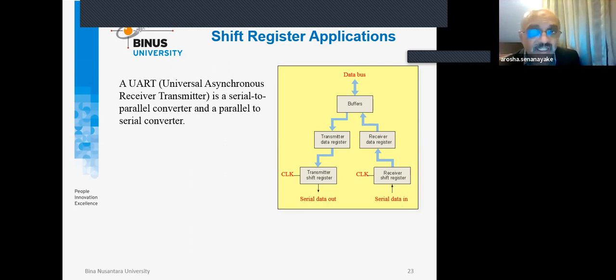What is the meaning of bus? It depends on the width of the CPU. If the CPU is an 8-bit CPU, then the data bus is 8 bits. That is how we determine the width of a data processor. UART data is all serial, but when it goes to the processor, the CPU, we must make sure data will be available in a bus, depending on the type of CPU.